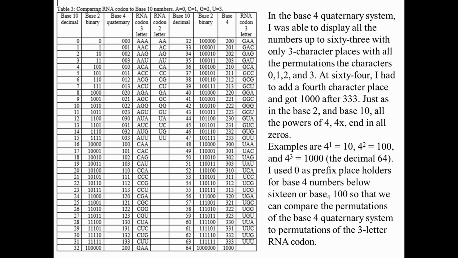I used 0s as prefix placeholders for base 4 numbers below 16, or base 4 100, so that we can compare the permutations of the base 4 quaternary system to permutations of the 3-letter RNA codon.